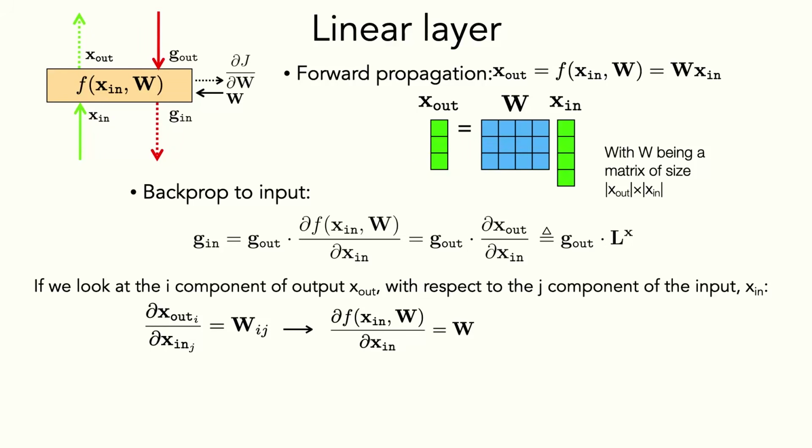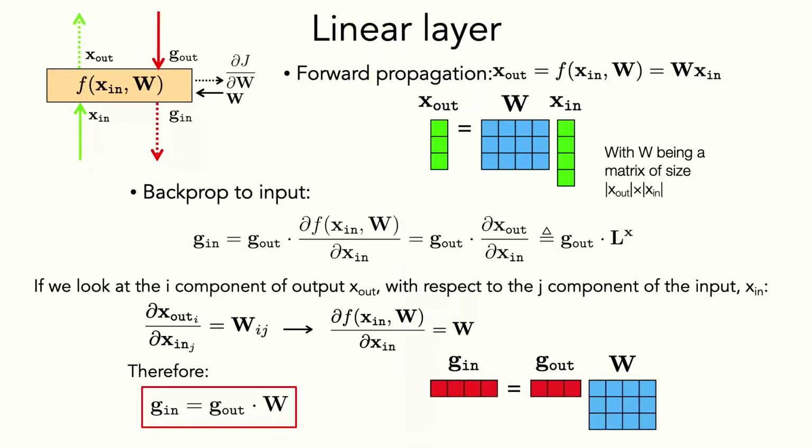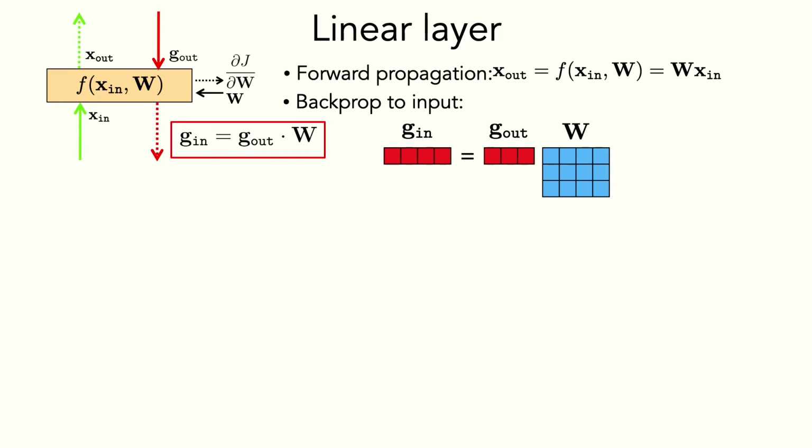It turns out that that is w_ij, so that is really just the weights again. This is really nice and simple. You just multiply in the opposite direction: you multiply the gradient by the weights to get the gradient coming in. So your forward and backward passes are just multiplying by your weight matrix, just in a different order. Pretty nice.